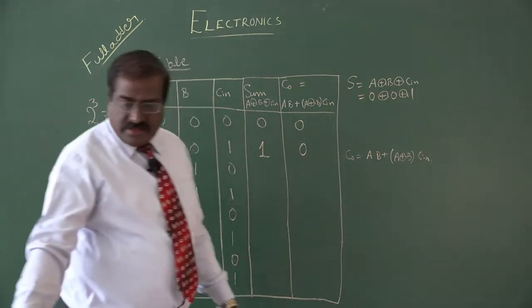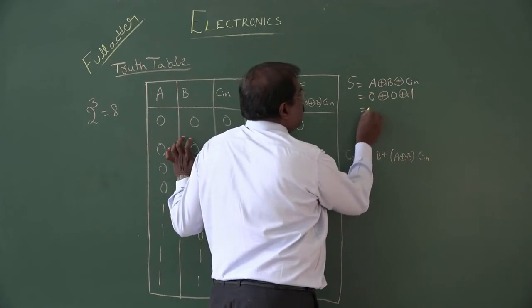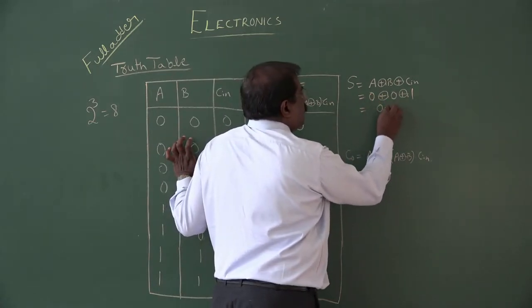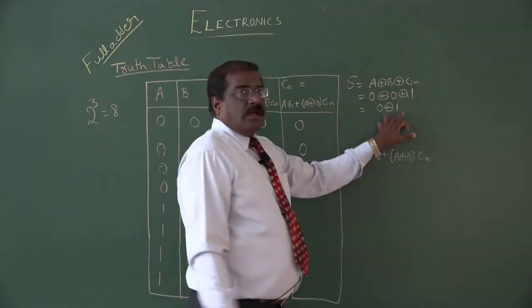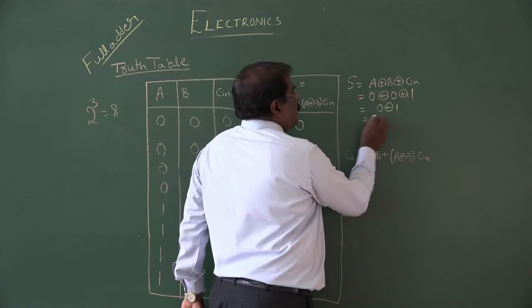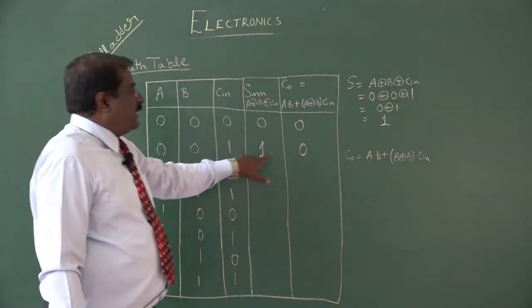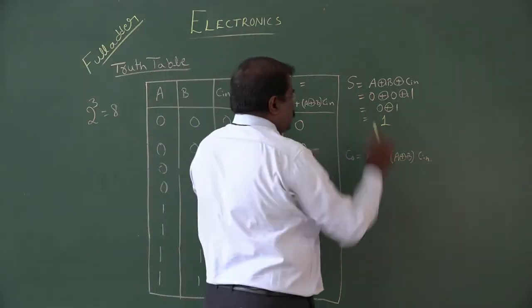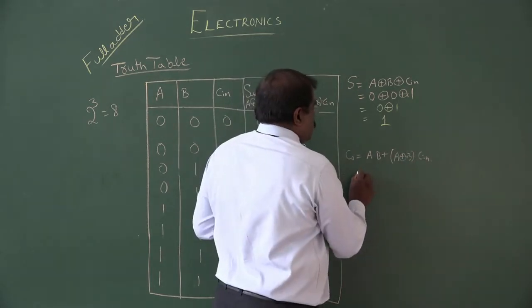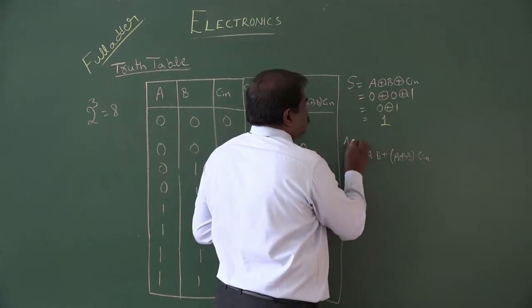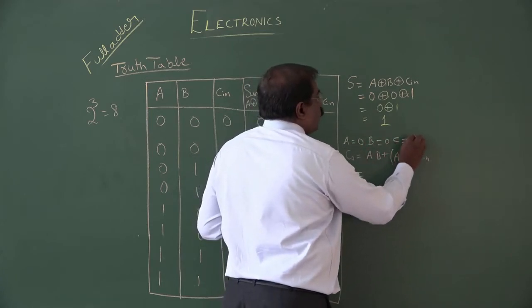So 0 XOR 0, according to the XOR function, similar inputs give 0, and this one XOR 1, so 0 XOR 1, at that time the value will be 1. So we have got 1 here. In the same way for this combination, we take A dot B plus A XOR B dot C in. So A value is 0, B value is 0, C value is 1.